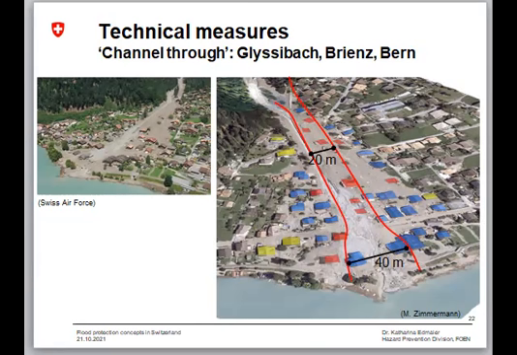Among other measures, above the alluvial cone near Brienz, a large 20 to 40 meter wide drainage corridor was built through the whole village of Brienz. And the aim is that the channel has such a large capacity that debris flow can be diverted into the lake of Brienz. You see the lake here.